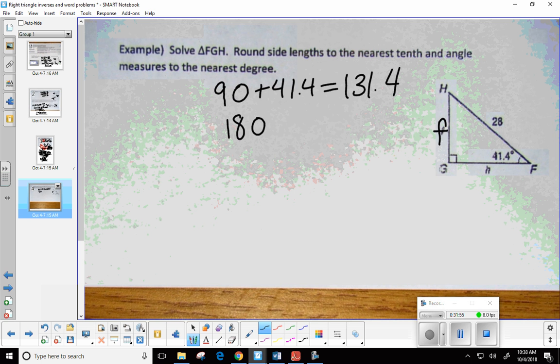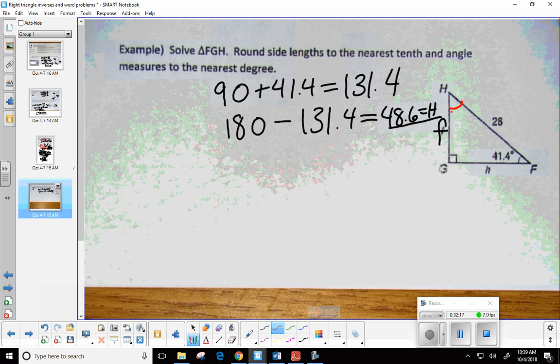Because all of the angles in a triangle add up to 180 no matter what. And so that'll give me 48.6, so 48.6 equals h.